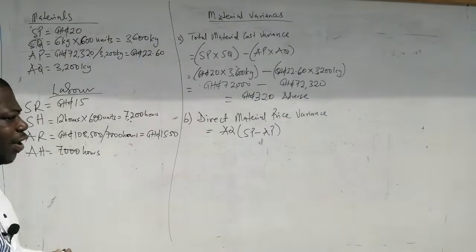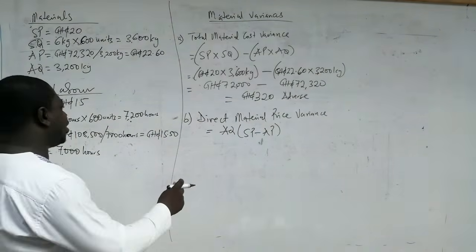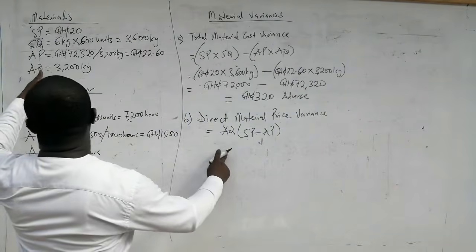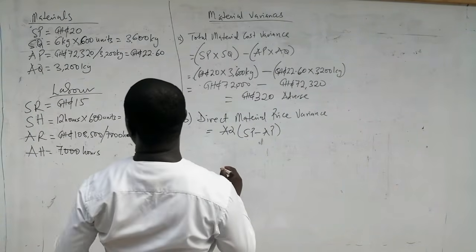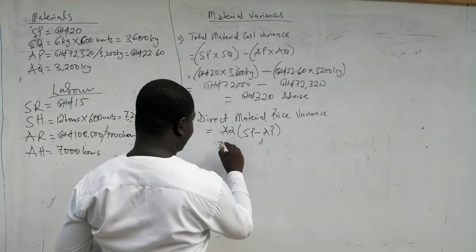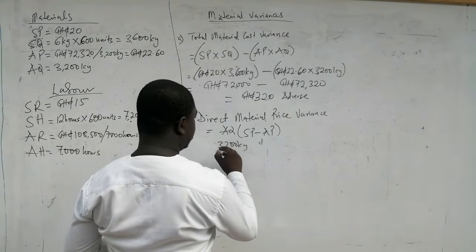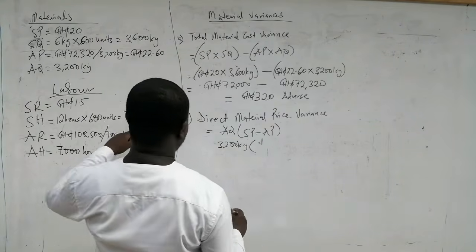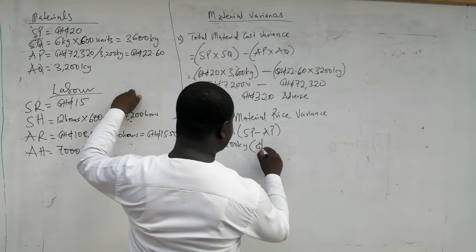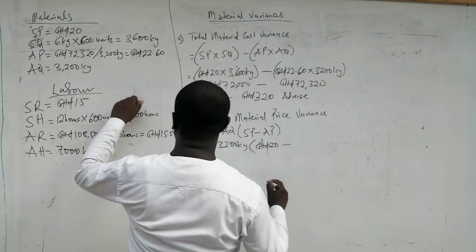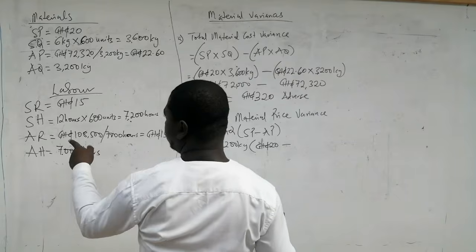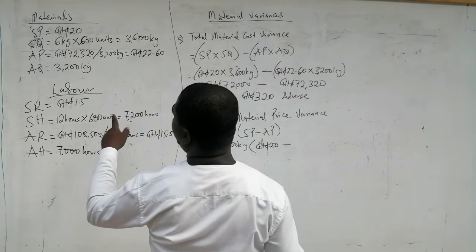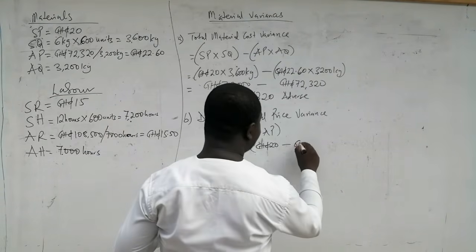So this is how we find the direct material price variance. Actual quantity was known to be 3,200 kg, multiplying the standard price of 20 cedis minus the actual price of 22 cedis, 60 pesos.